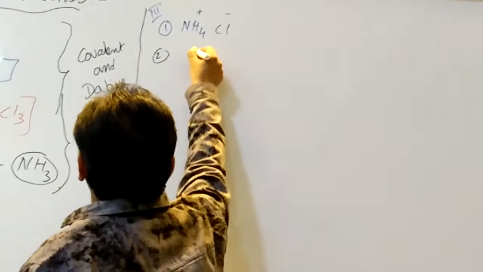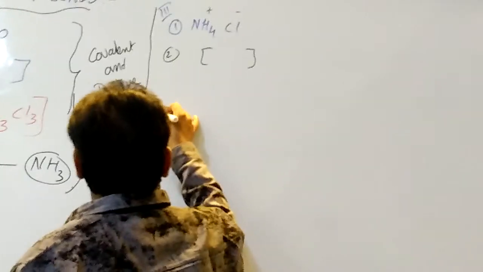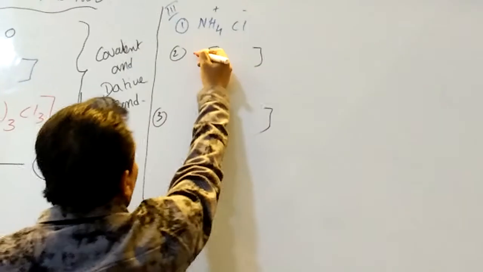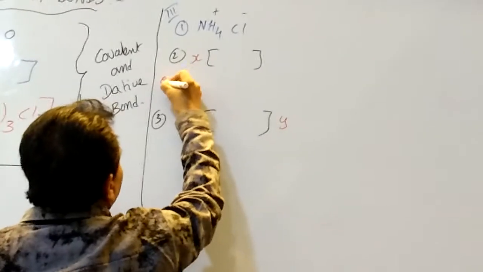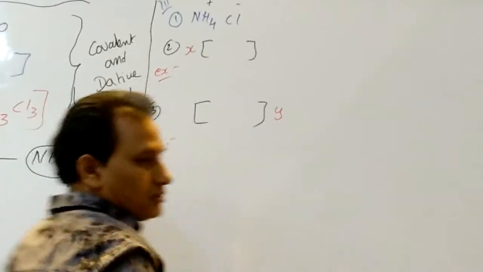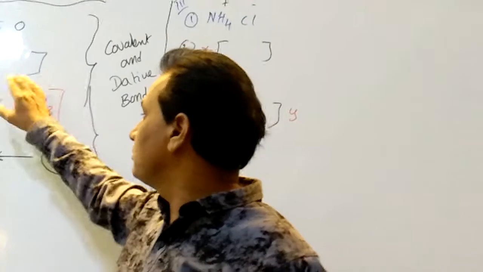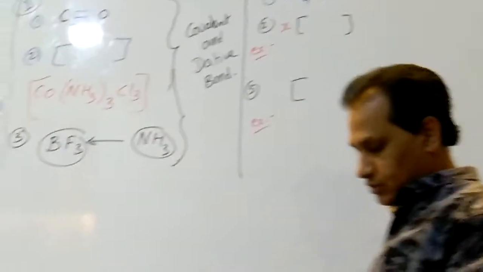the compounds that contain a square bracket, before the square bracket and after the square bracket. I am taking the example: a square bracket with nothing before and after is only covalent and dative bond.